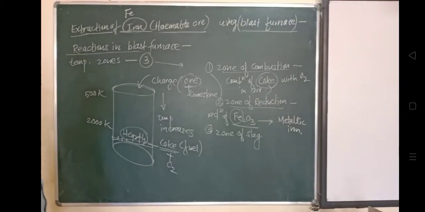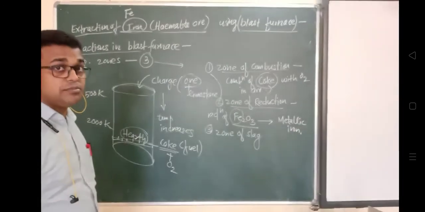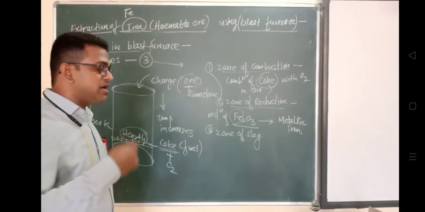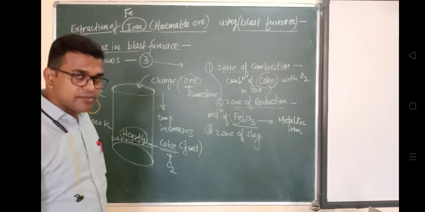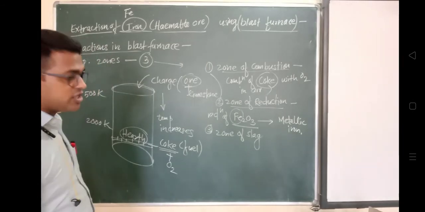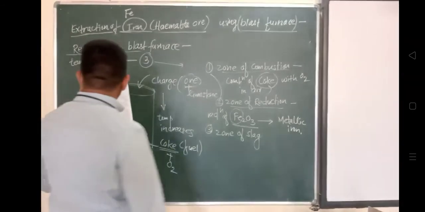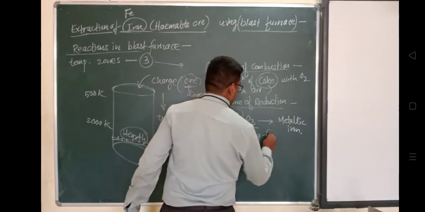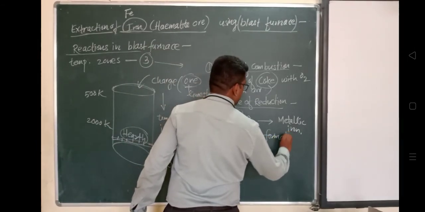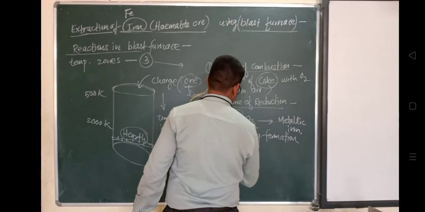So very first, as we have said, it is the zone of combustion. Now, what chemical reaction will take place? You know that a burning reaction will take place in the combustion process. This is 5 to 10 meter from the bottom.